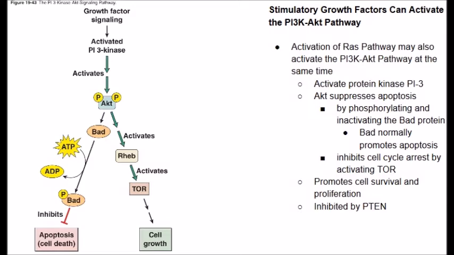ATP is going to turn into ADP. Phosphate is activated and it inhibits the cycle, killing the cell. Right side, RHEB gets activated, TOR gets activated. Cell growth is allowed and it continues, and cell survival and proliferation is promoted.